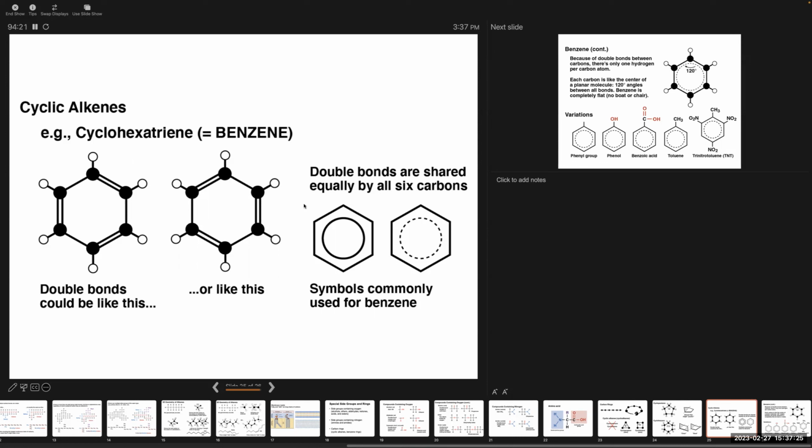And because the 6 carbons are sharing those electrons equally, there are some symbols that are commonly used to represent this molecule. The hexagon with a circle or hexagon with a dashed circle in it indicates cyclohexatriene, which is more commonly called benzene.